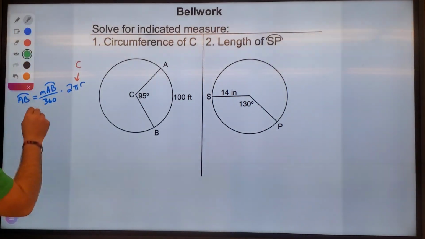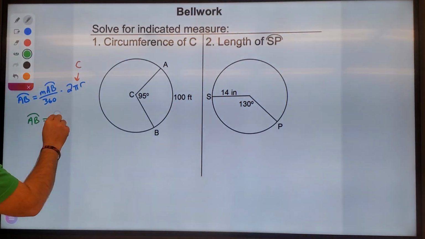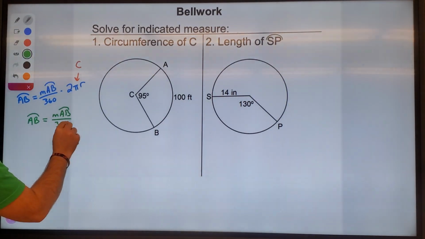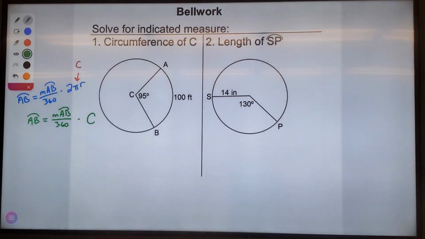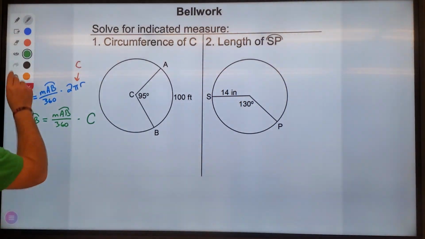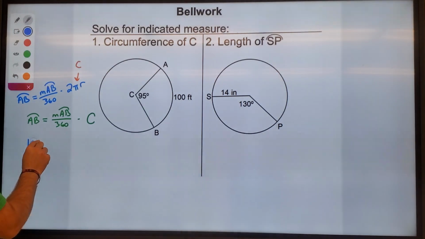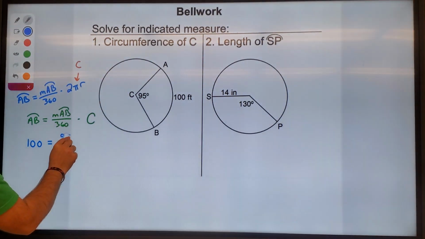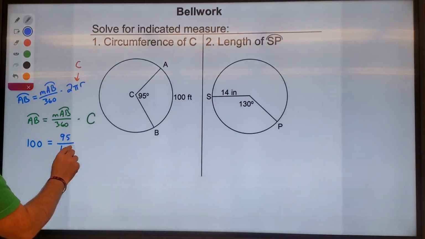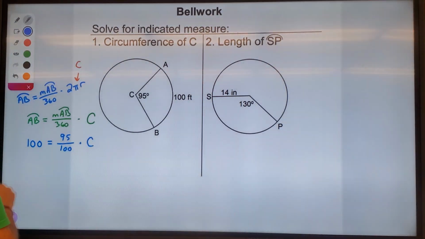So instead of this equation, I'm going to use the length of AB is equal to the measure of AB over 360 times C. Okay, and again, plugging in things that I know, this is 100. I know the measure of AB is again that 95. And we'll multiply by that, by the circumference.